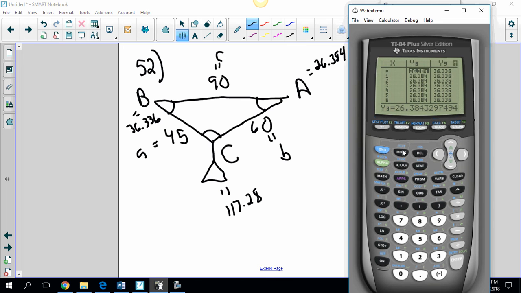And once again, second quit, go home, Y-vars function 8 is A, Y-vars function 9 is B, and Y-vars function 0 is C. There is the decimal expansion. These problems are fast. This is a very good assignment if you master the calculator. If you typed everything in correctly, just like I did, you will be awesome.